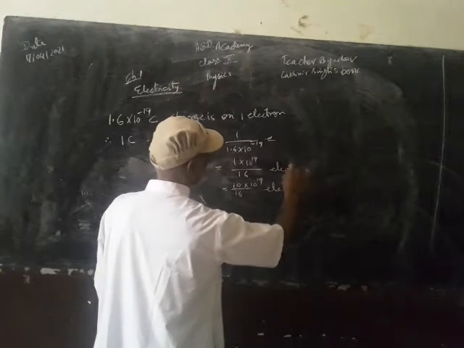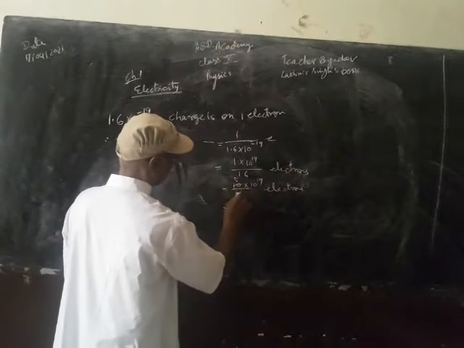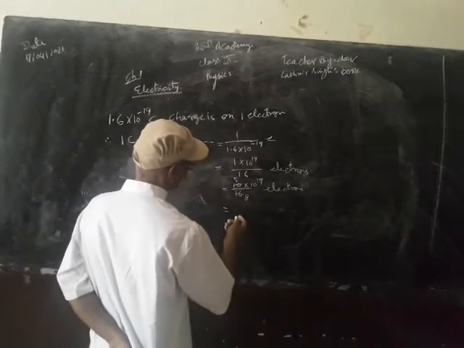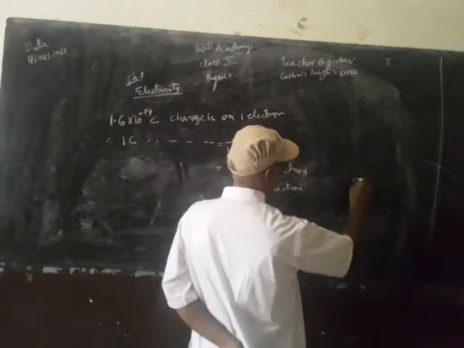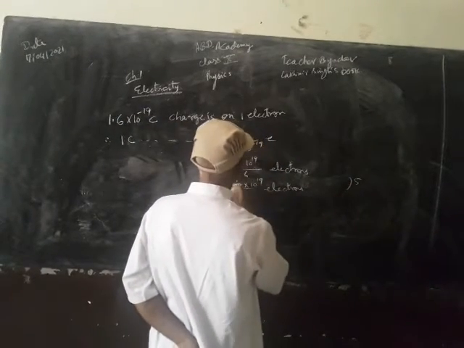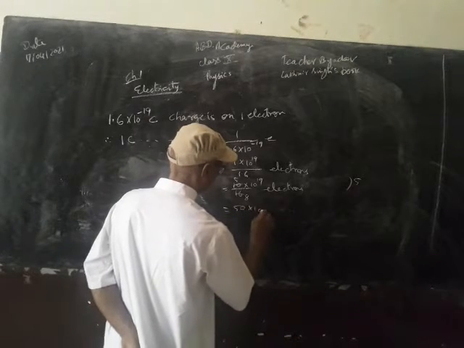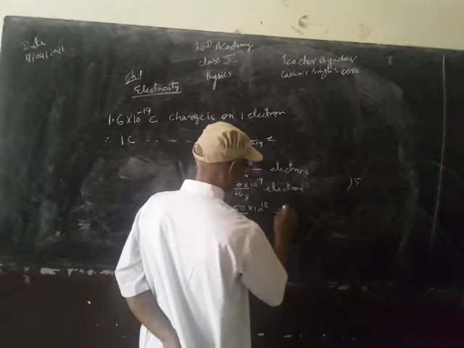It is 5 upon 8. So divide 5 by 8, or take 1 from here, write 50 into 10 to the power 18 upon 8 electrons.